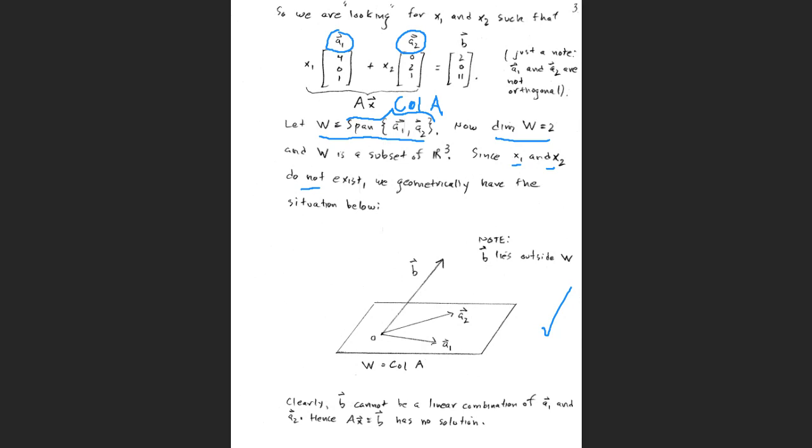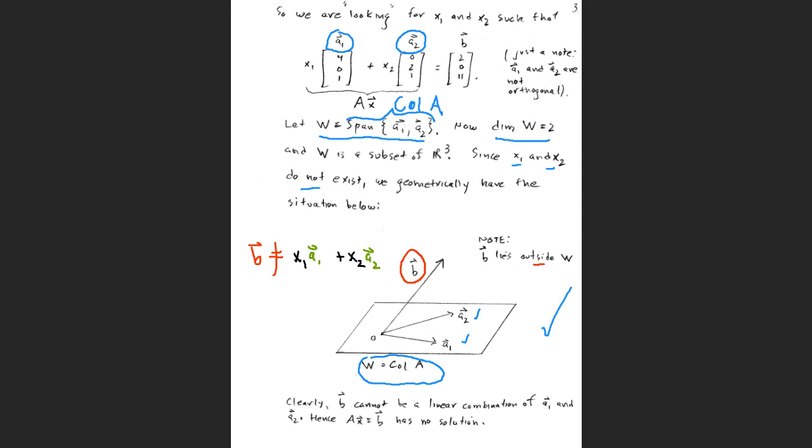And so you have in the picture a subspace, the column space of A, and naturally the column vectors of that matrix A are in the subspace, but the vector B lies outside the subspace because the vector B is not any linear combination of the column vectors A1 and A2.